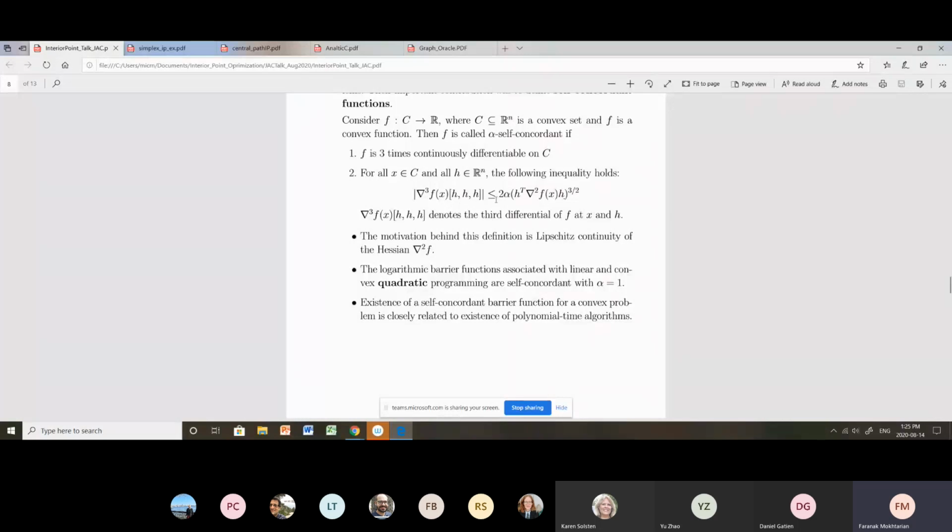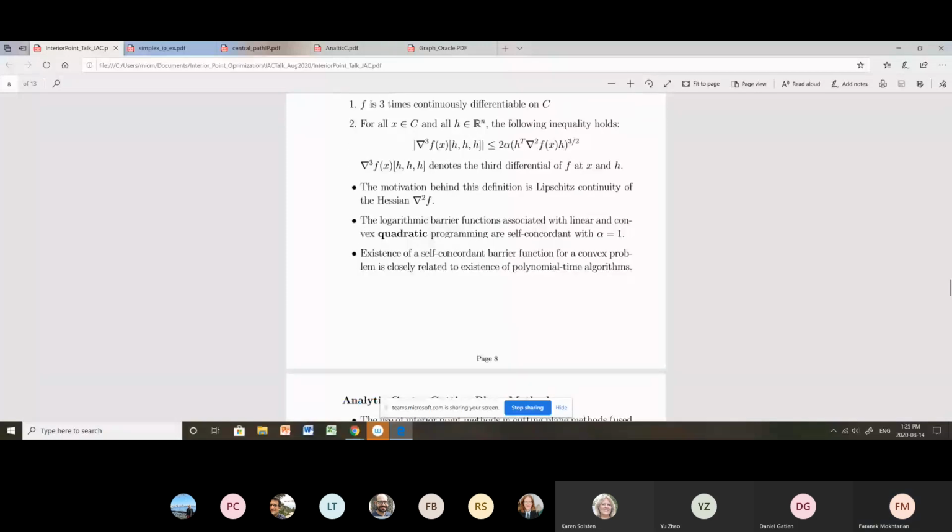What does that mean? The motivation behind this is that the Hessian of this functional is Lipschitz continuous. Basically, it's the Lipschitz continuity of the Hessian that is the key to making the algorithm polynomial. Of course, together with a wise reduction of mu and taking the Newton steps efficiently.